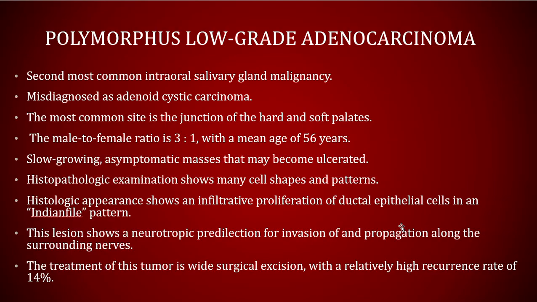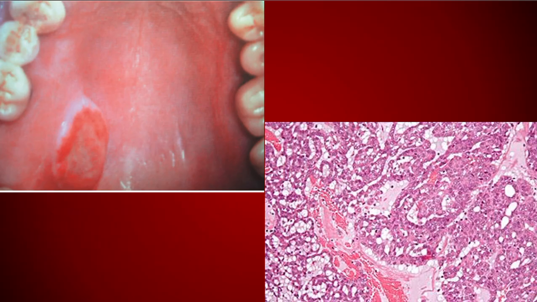Usually we would find a lot of different types of cells, ductal epithelial cells, and an Indian file pattern. The treatment is wide surgical excision, and the recurrence rate is high, with a high rate of perineural invasion. It can invade around the nerves.